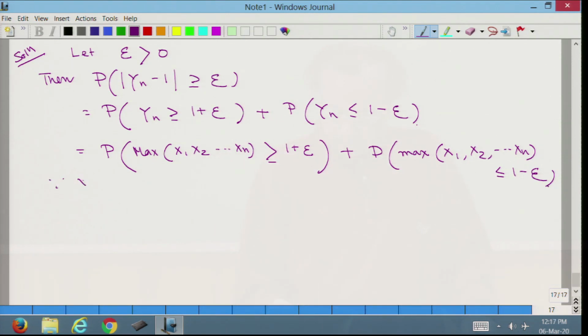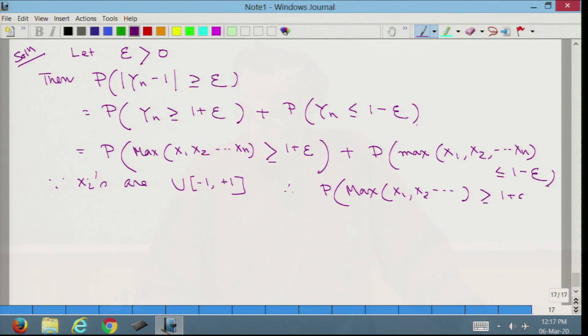Since the Xi's are uniform over −1 to +1, probability maximum of X1, X2, etc. ≥ 1 + ε is equal to 0, because the upper limit of the value that the random variables can take is only 1.